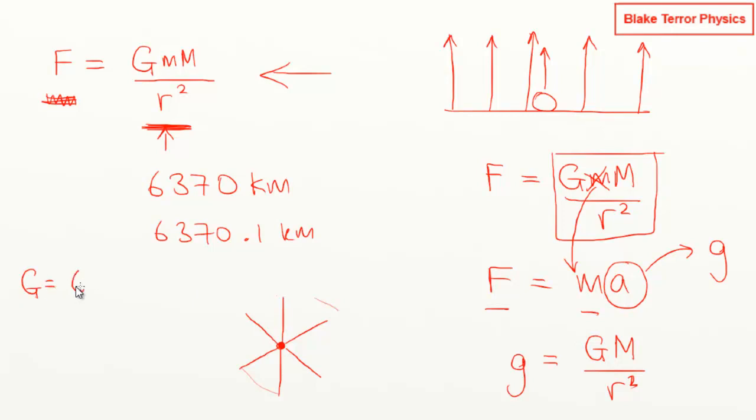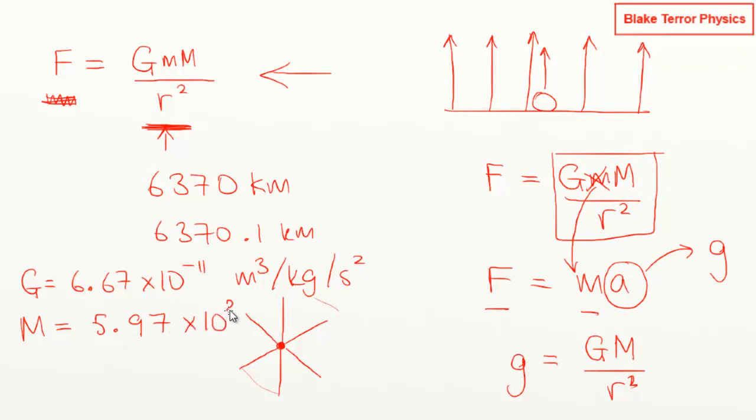G is 6.67 times 10 to the minus 11. Trying to remember the units. It's meters cubed per kilogram per second squared. So that's our G. Our mass of the Earth is 5.97 times 10 to the 24 kilograms.